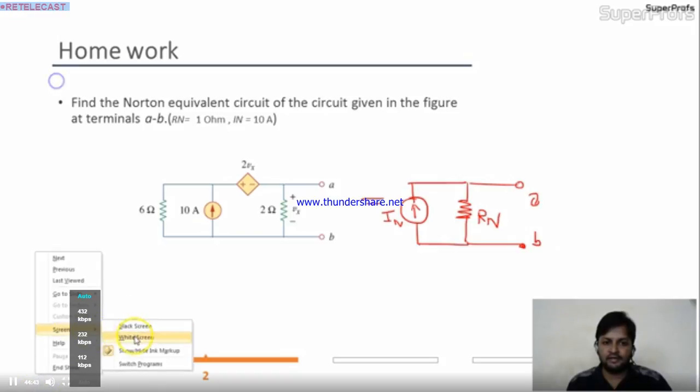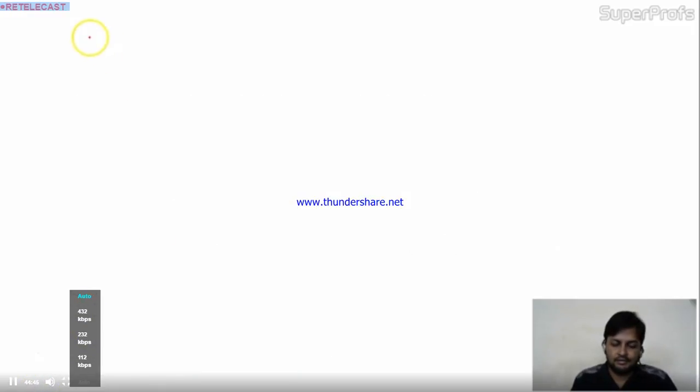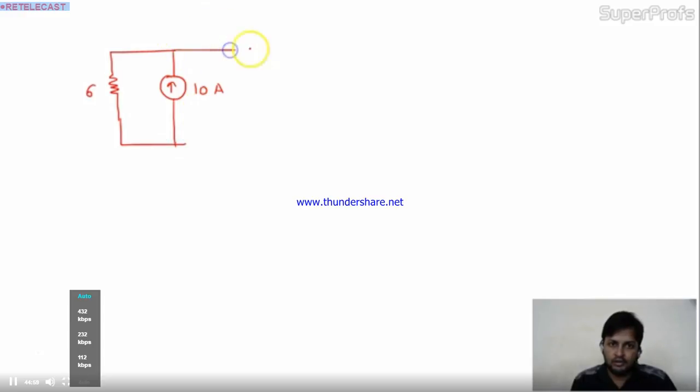The given circuit is 6 ohm, 10 ampere. Here the dependent source is given. The value of this source is 2Vx.